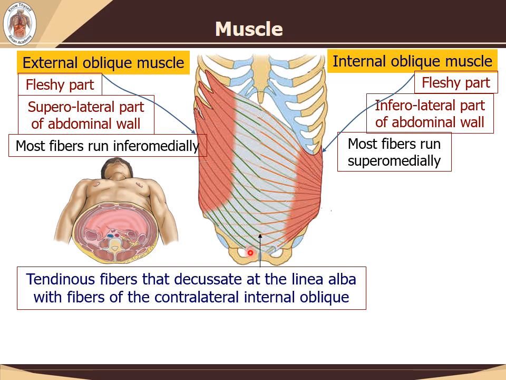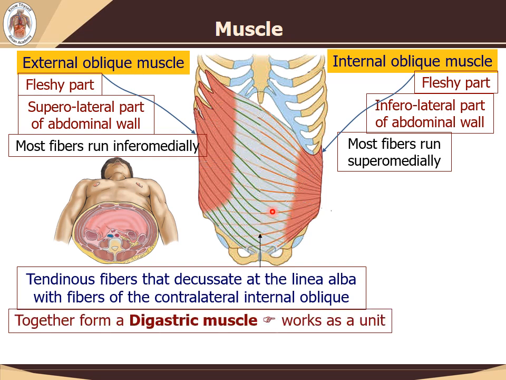So they are in counter direction, and in the midline they decussate. The fibers decussate with each other, meaning the external oblique muscle fibers become continuous with the internal oblique muscle aponeurosis and fibers.